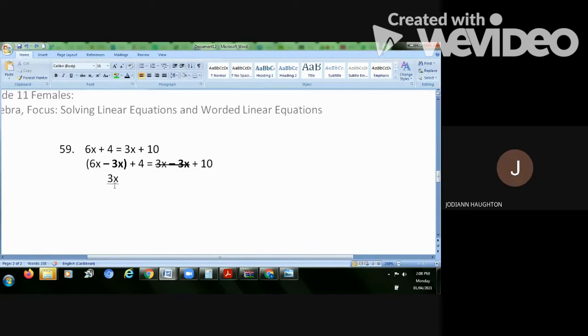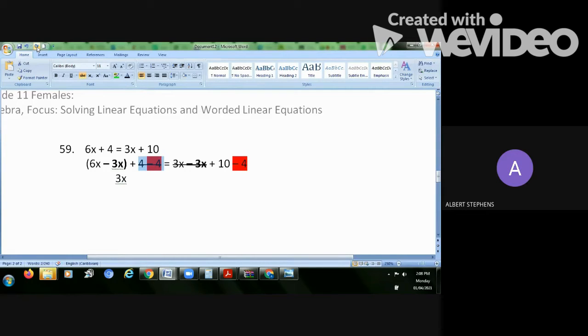Yes, sir. Alright, so remember now, what I have now is 3x plus 4. But I don't want the 4. Remember what the question said: solve, what we want to find, x. So I don't want the 4. To get rid of the 4, I'm going to have to subtract 4 on the left, see it? In red. And then 4 on the right, in red.